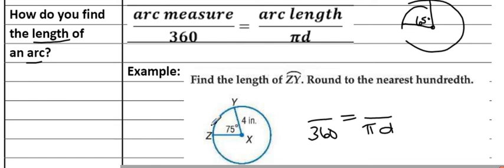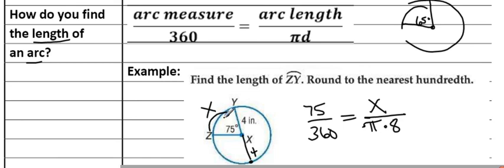So the easy part is, if I'm looking for arc ZY, I have 75 degrees out of 360 possible. I know the diameter, it's twice the radius, so it would be 8. And what I'm looking for is the total arc length, the missing part, which would be x.